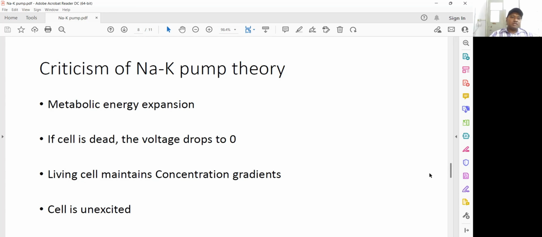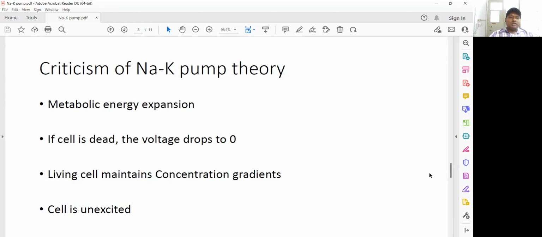Now the living cell maintains the concentration gradient, and due to that gradient, after applying the Nernst potential, we get a voltage of exactly 90 millivolt, which we take as inside negative, outside positive arbitrarily.